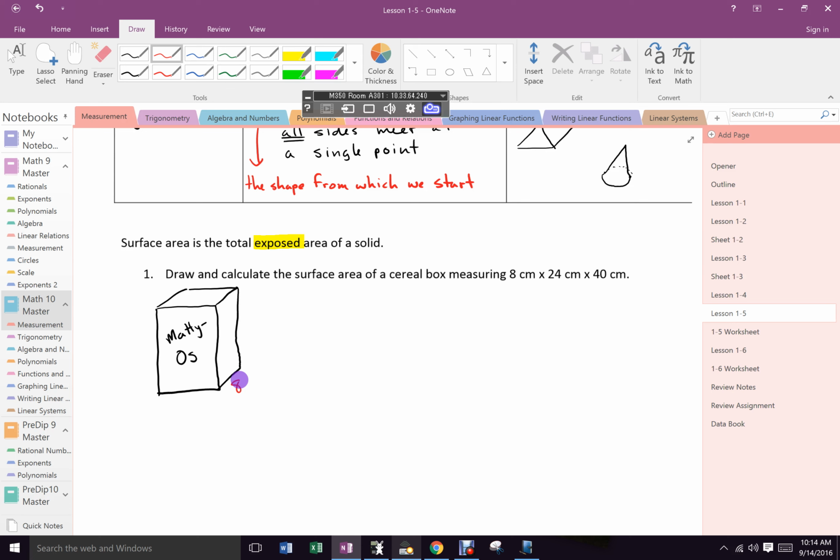Everyone agrees? What if I turn it this way? What would you call this? Still the width? What would you call this? Height. What would you call this? Depth. Everybody with me? What if I turned it this way? Everyone picking up what I'm putting down?